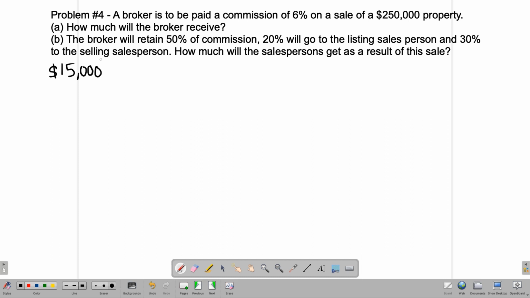So in this case, the 15,000 would be split between the selling side, the selling broker, and on the buying side, the buyer's broker. So they both will receive a value of 7,500.